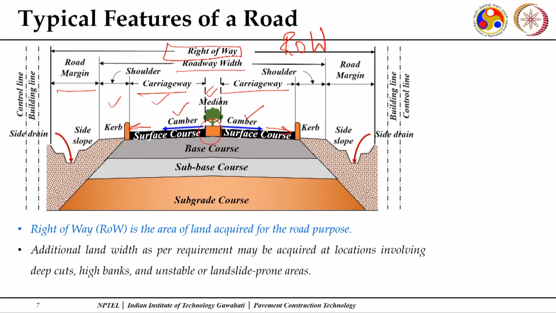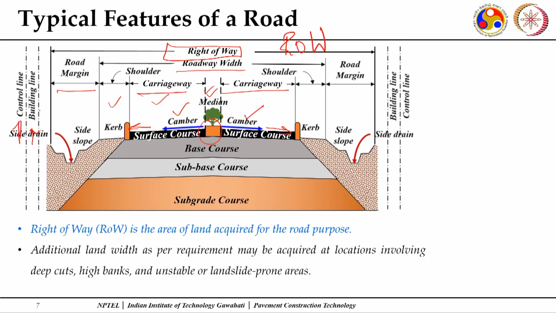In addition to this, two terms have been mentioned here, building line and control line. Building line, normally it is always restricted that there should be no construction within this particular range, because this keeps us a scope for future expansion, and the other thing is that it many a times creates a safety hazard.